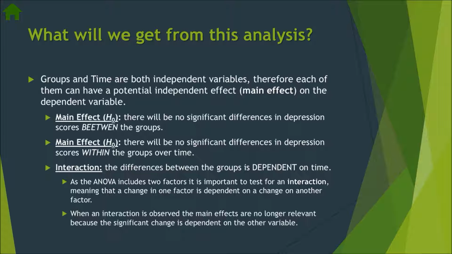And the interaction tests the null hypothesis that the differences between the groups are not dependent on time. When we have an interaction, the main effects become irrelevant because both main effects depend on each other for the outcome. So if we have an interaction, we neglect both main effects.